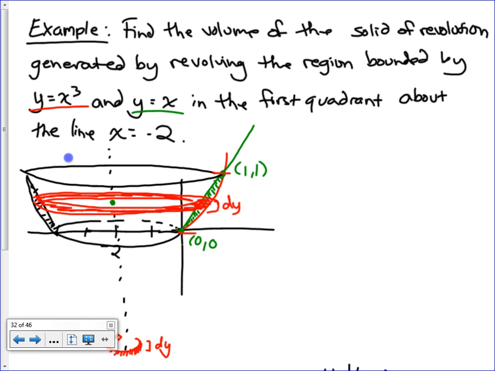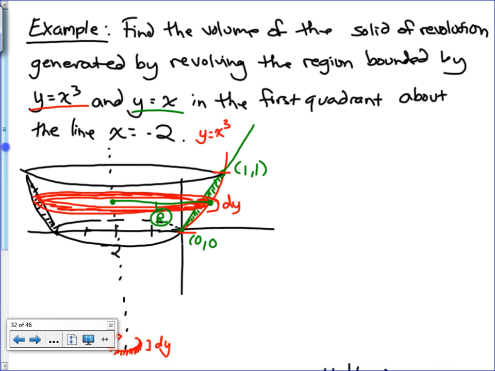And for the whole thing, I need to go to the outermost, which would be what? Which function? Okay, hold on. So my big R goes from the axis to, how do I write that down here?